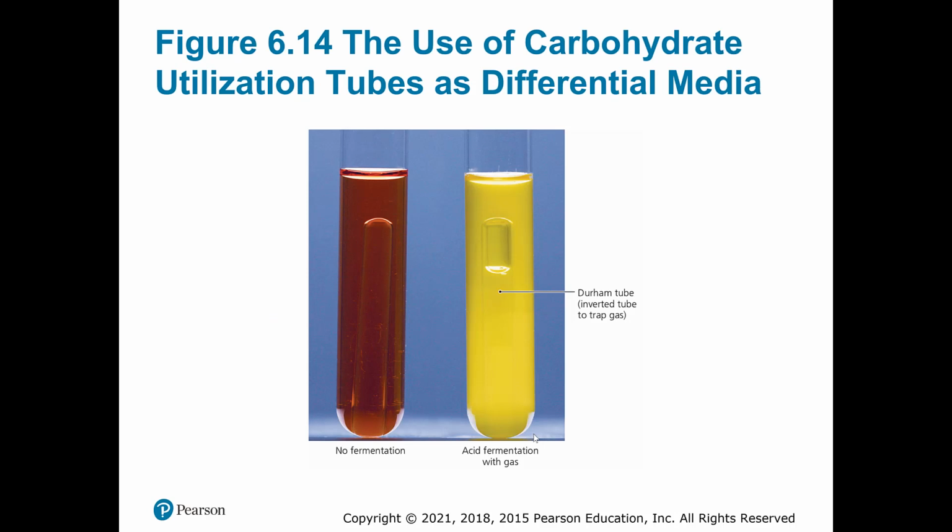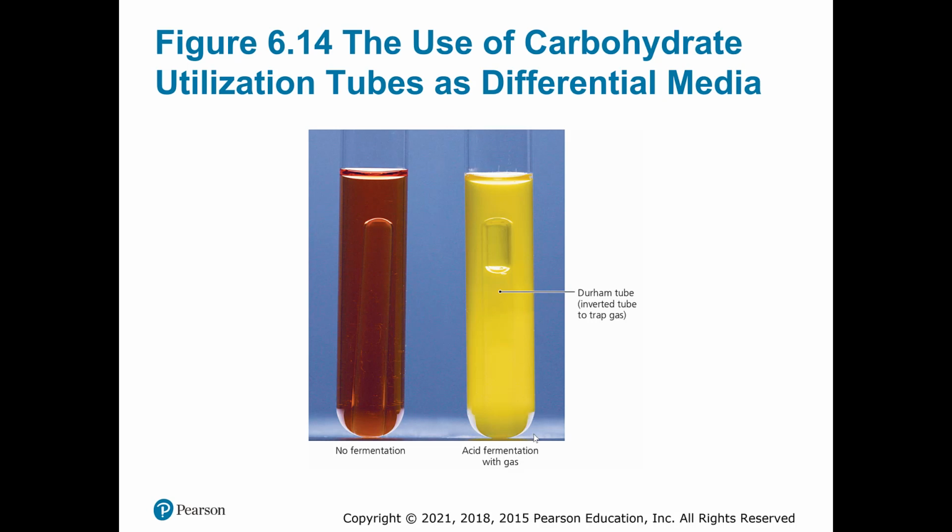Some other types of differential media. So this is figure 6.14. It's showing you two tubes. This is a phenol red test. So phenol red is a pH indicator. It is in the broth. Normally the broth is red. There's also some kind of sugar in the broth, some kind of carbohydrate.